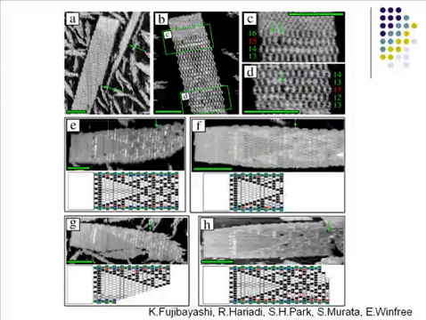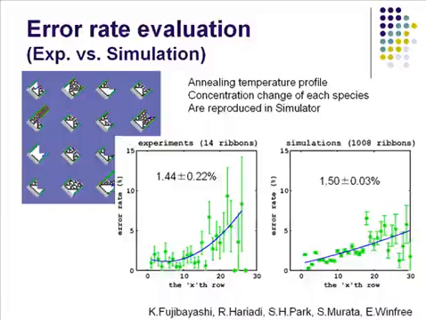And here's the result. And this is compared with simulation, which is the same simulator which Eric already showed. So in that simulator, the thermodynamical constraints are considered. And in this ribbon simulator, annealing temperature profile and concentration change of each species, type, are carefully reproduced.